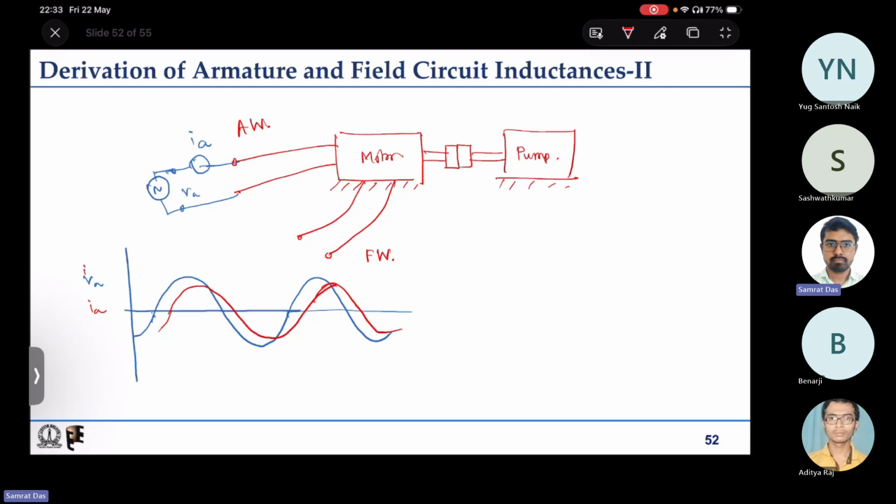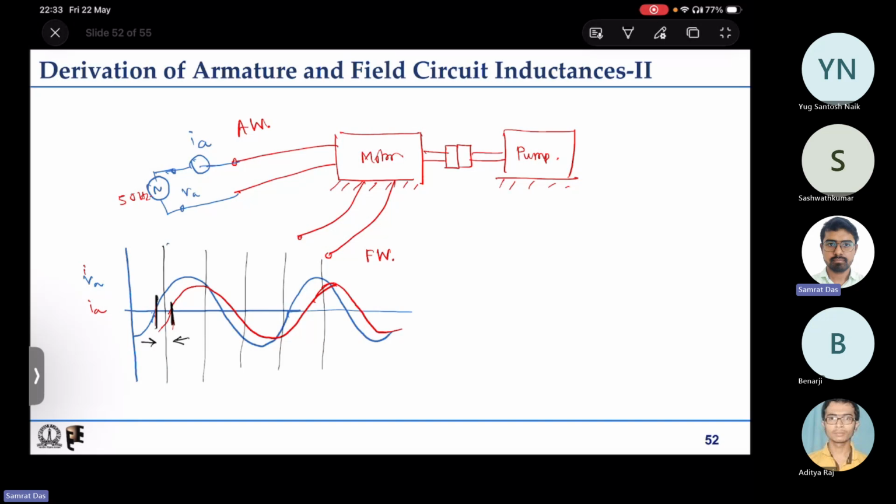Now from there, we can give whatever frequency is available to us. Say a 50 hertz supply we are giving, so this is 50 hertz. Now we can measure from the DSO the phase displacement, or because it is time, the DSO will have some horizontal divisions.